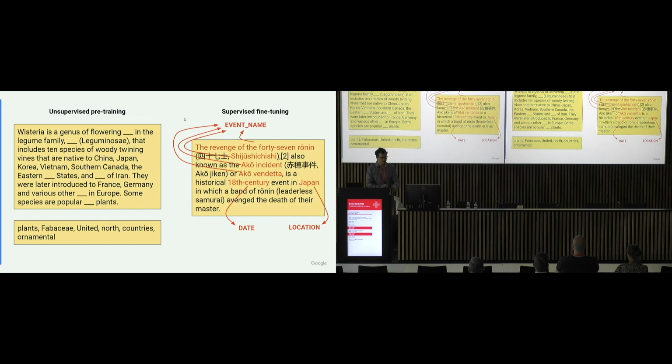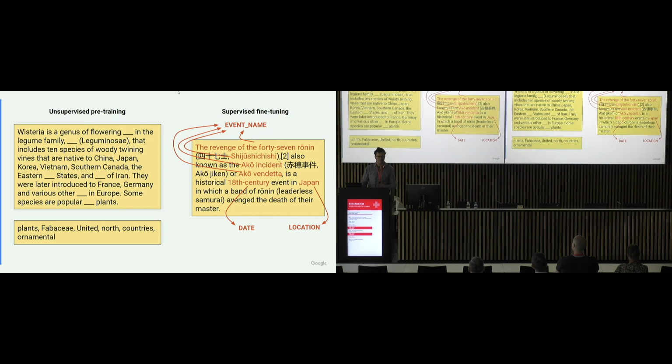This is in contrast to supervised fine-tuning, or supervised training, which is what was more popular before, where you have an end task that you want to solve. It can be anything from identifying entities in text, identifying names for these entities, identifying properties like dates or locations. Typically, the procedure is to take some text and have it annotated by humans, producing human labels.